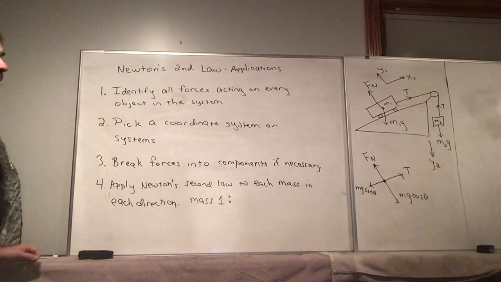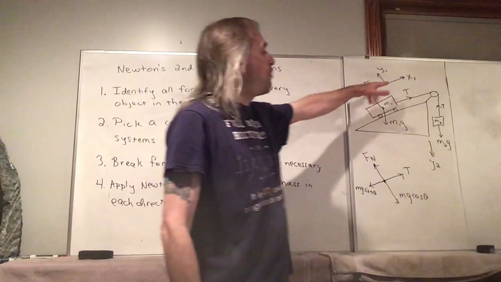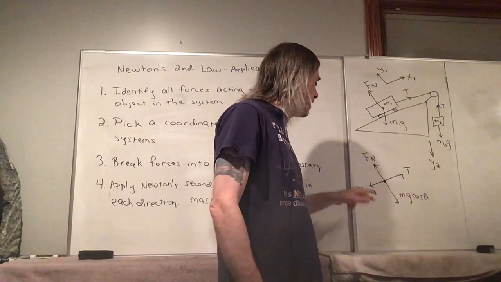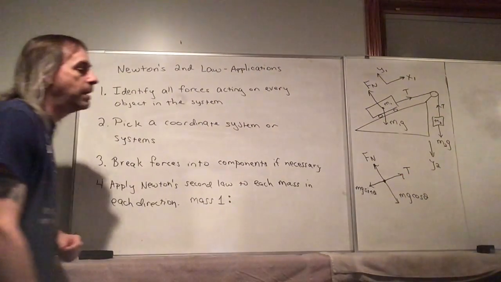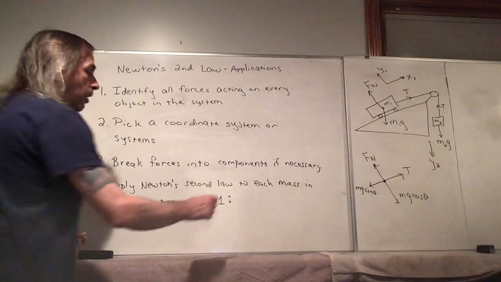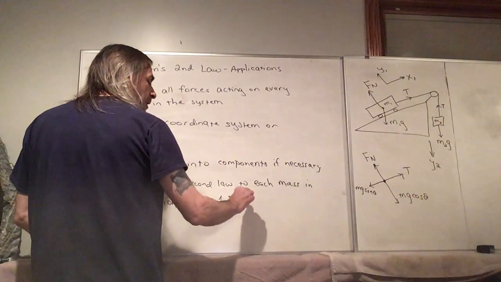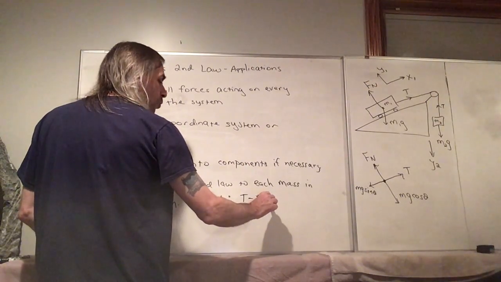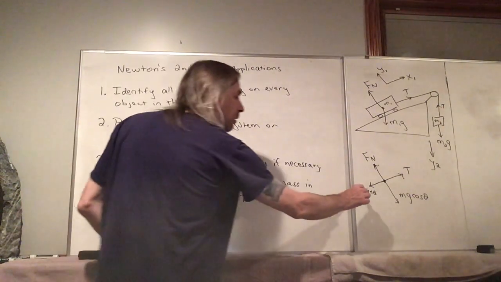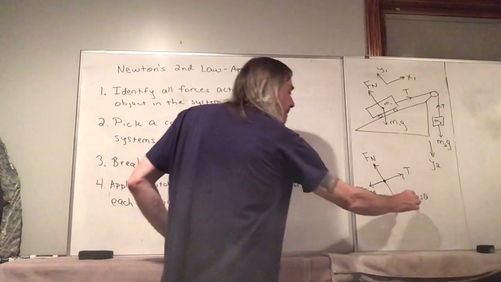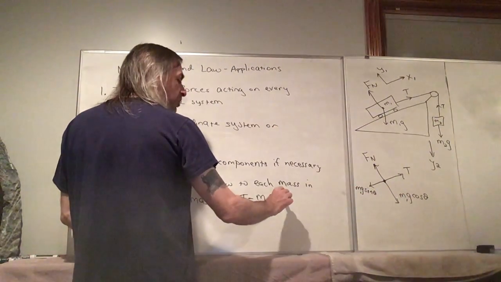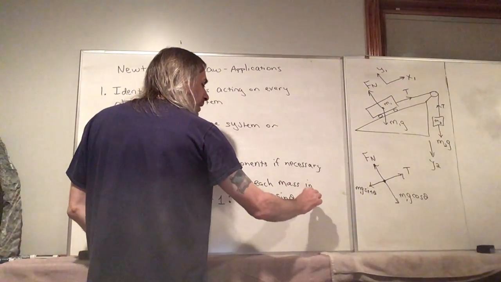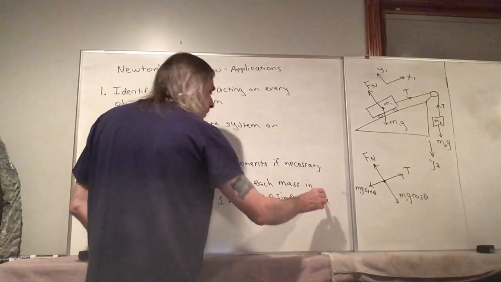So if we look at the x direction, we picked upwards, up the incline, to be positive, so tension is positive, but mg sine of theta is negative. So the net force is T minus M1G sine of theta. This should have been the 1 there. And that's equal to M1A.